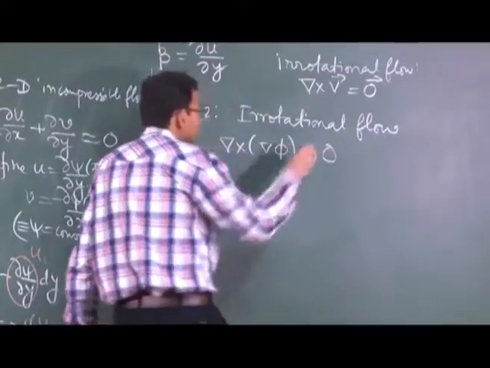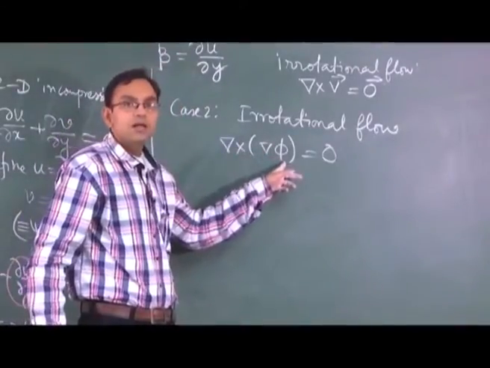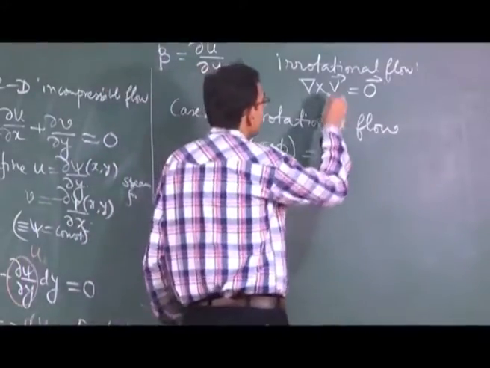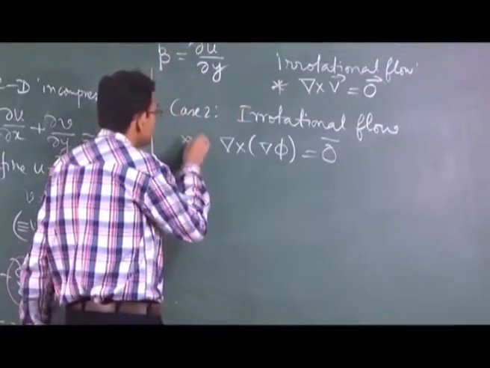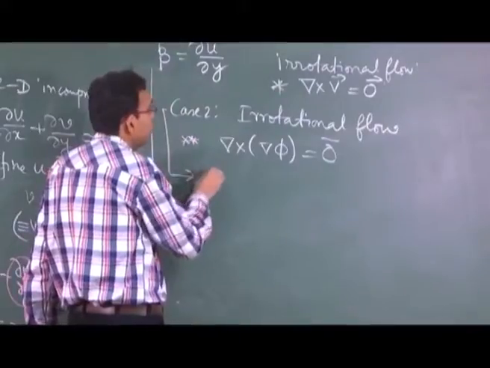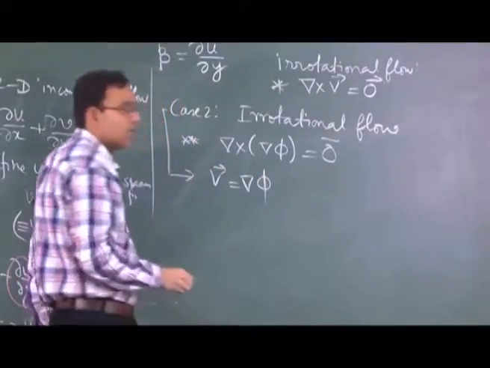This is a vector identity: curl of gradient of a scalar is a null vector. So, if you compare this with this, essentially for irrotational flow we can write V as a gradient of a scalar variable phi.